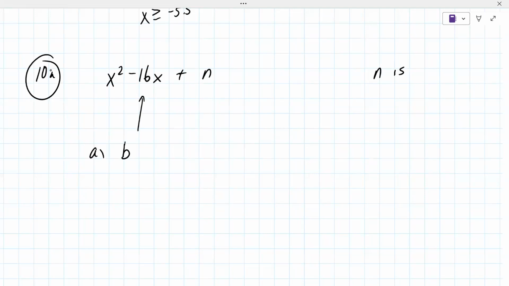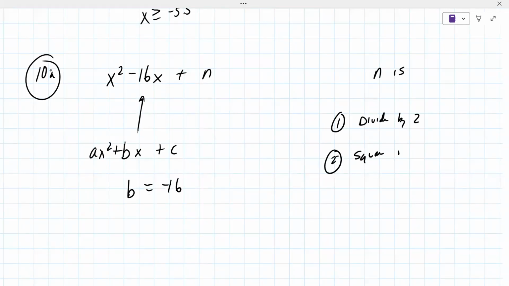You can think of it as ax squared plus bx plus c. You take this middle number b, which is minus 16, and you do the following. You first divide by 2, and then the second thing you do is you square it.